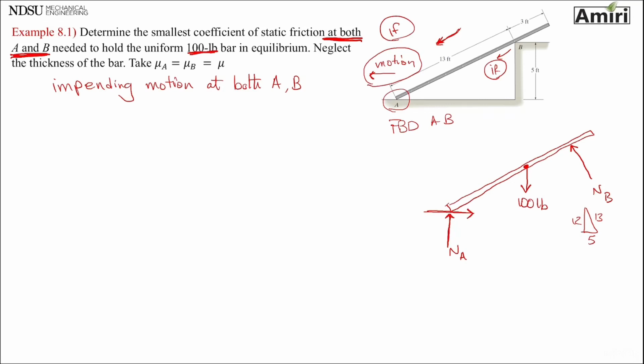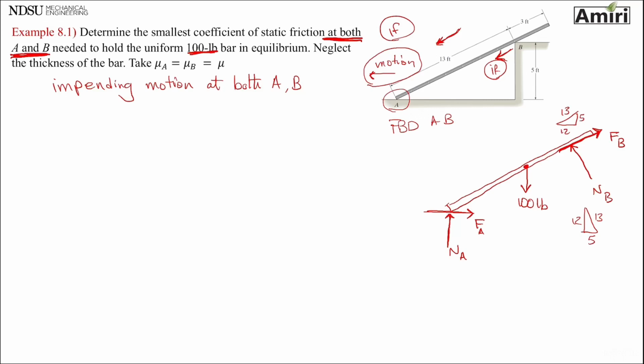So I call that friction of point A. The other one is friction at point B. If point B is going to move in this direction, then the friction needs to be going this way. Friction at point B. The slope triangle for that force is opposite of the other one. 12, 5, 13. Okay.